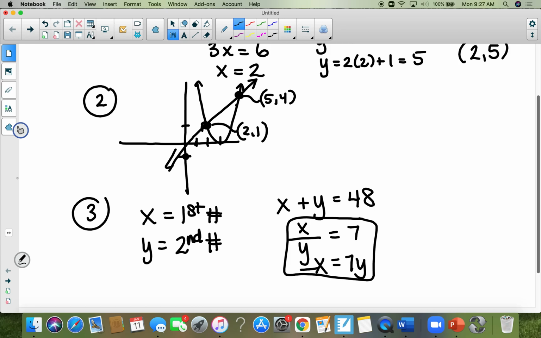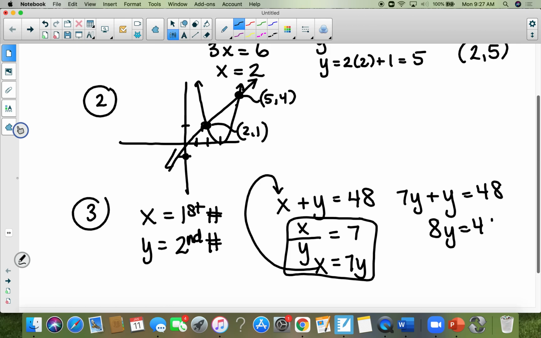So in place of this x right here, I'm going to put 7y. So 7y plus y is 8y equals 48. Divide both sides by 8. y is equal to 6. So that means x has to equal 42.